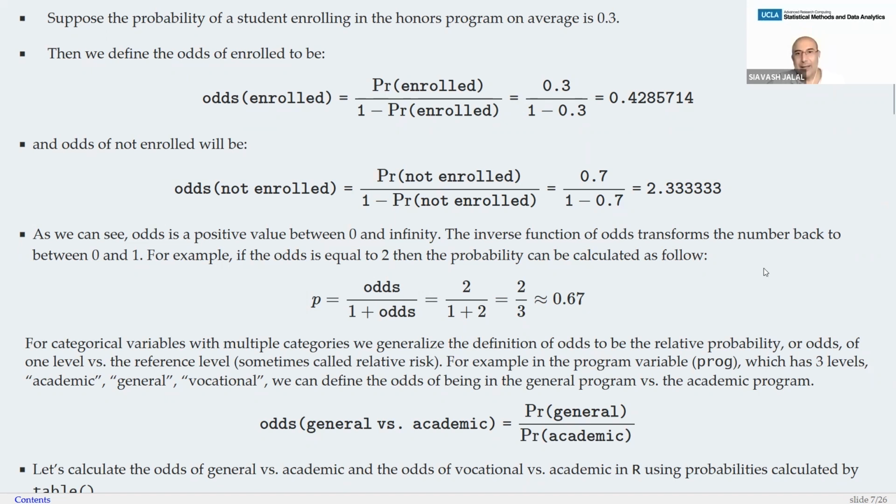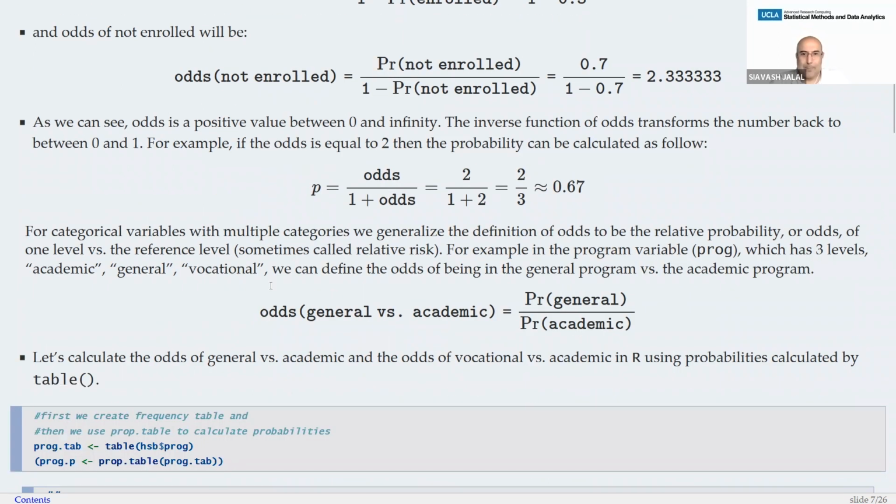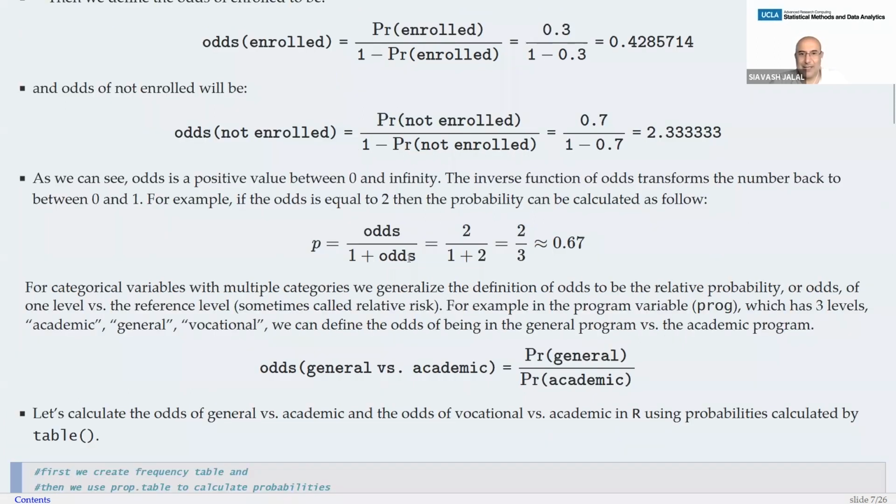The inverse function of odds transforms the odds back to probability. So I can solve this equation for probability, and then I get the probability, which is odds divided by 1 plus odds. So I can easily calculate probability from odds, right?